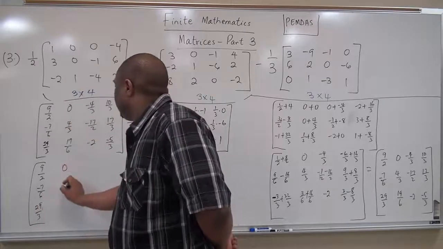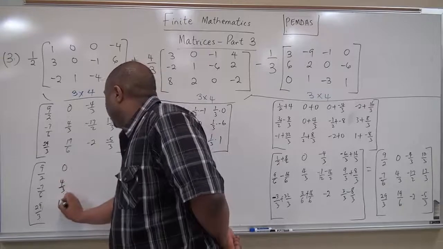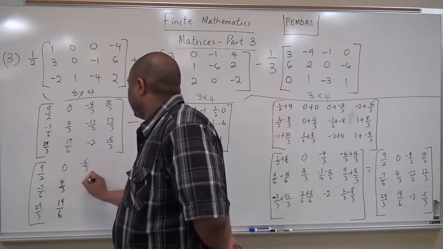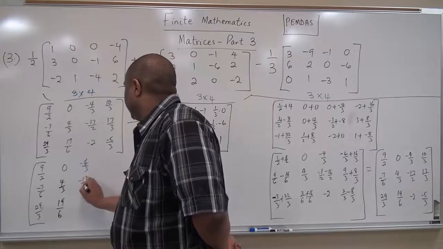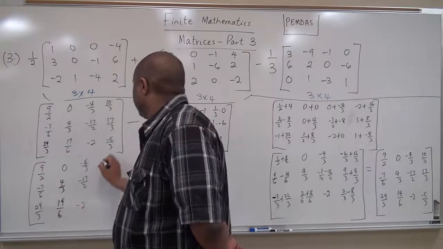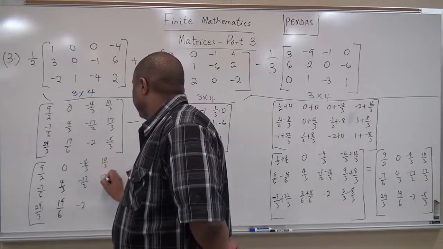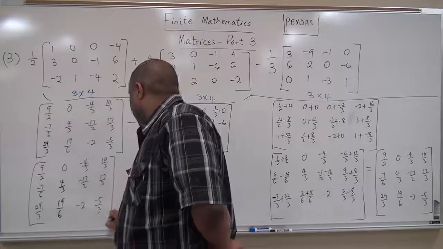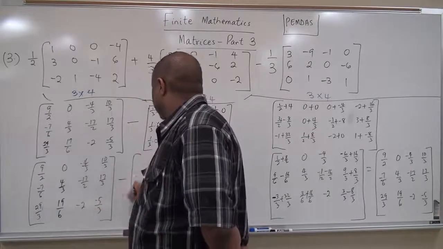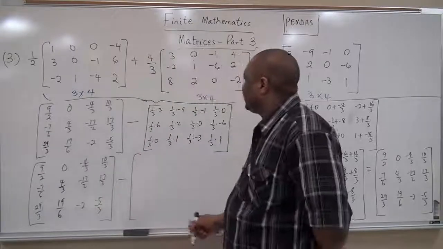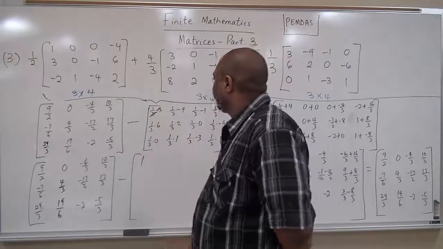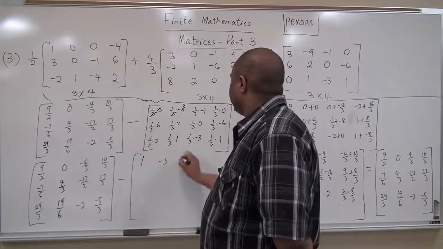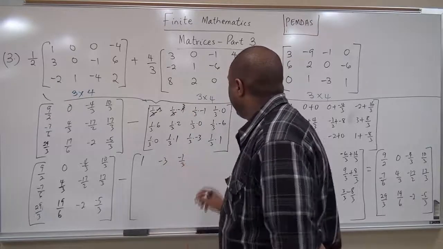Then this is 0, 4 over 3, 19 over 6, negative 4 over 3, negative 17 over 2, negative 2, 10 over 3, 17 over 3, negative 5 over 3, minus 1 over 3 times 3, this is 1, this is negative 3, this is negative 1 over 3, this is 0.